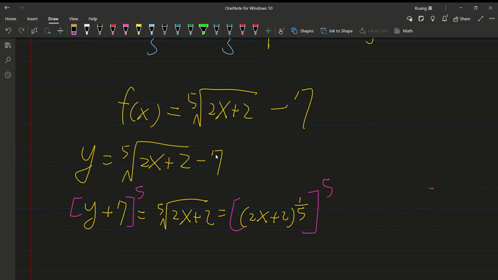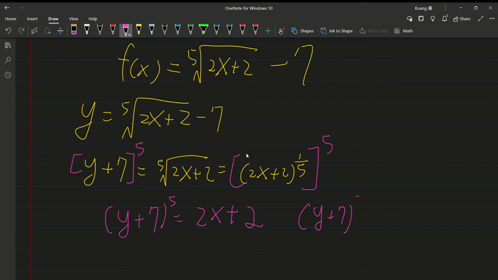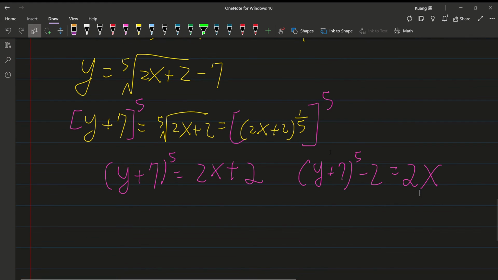So the right hand side of the equation becomes 2x plus 2, and the left hand side becomes y plus 7 to the power 5. And then you move the 2 to the left hand side of the equation, so y plus 7 raised to the 5th power minus 2 equal 2x. Then again divide by 2 on both sides.